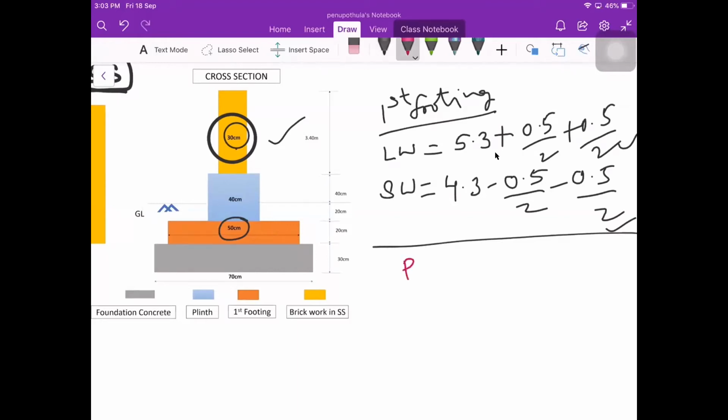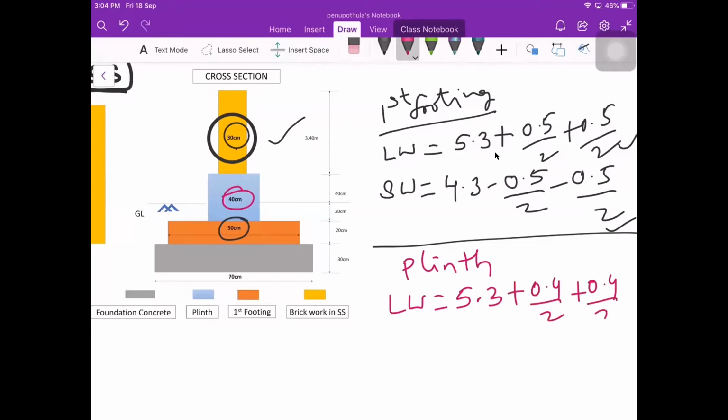So, for plinth level, long wall is equal to 5.3. 5.3 and 4.3 are common for everything. 5.3 plus what is the plinth level width, which is 40 centimeters. 5.3 plus 0.4 by 2 plus 0.4 by 2. Next, short wall: 4.3 minus 0.4 by 2 minus 0.4 by 2.